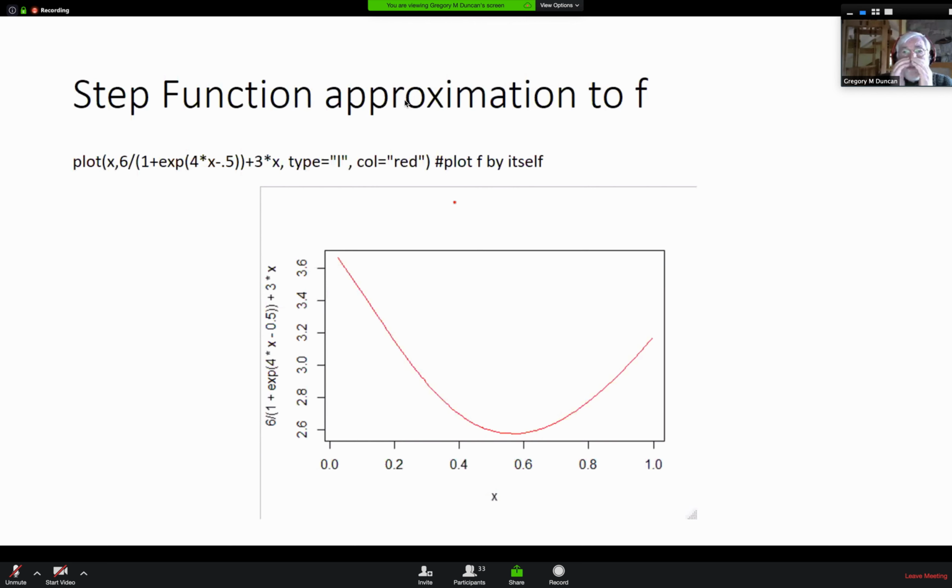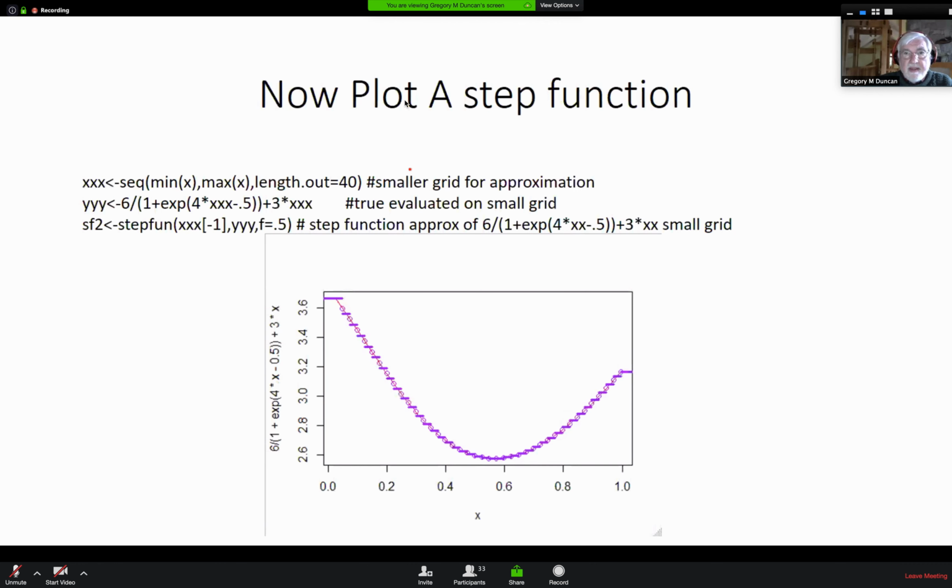So here's an example of plotting f by itself. We plot the true function against x. We want a line, and I want it to be red. Now, I'm going to plot a step function.